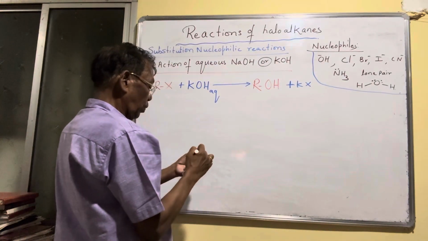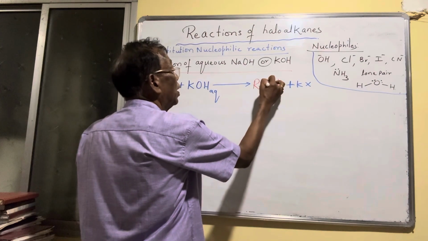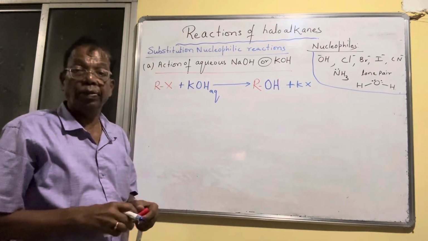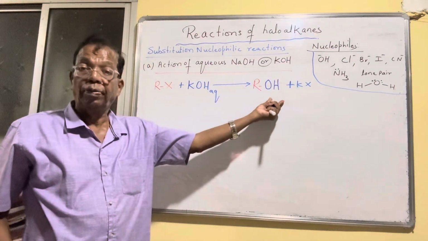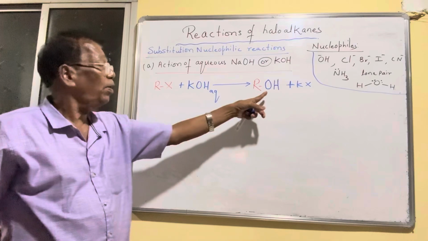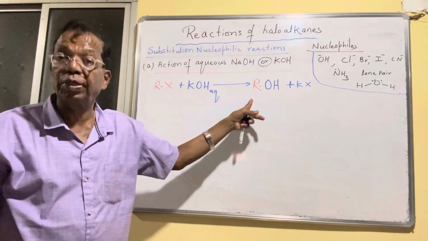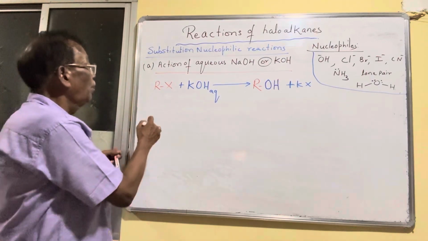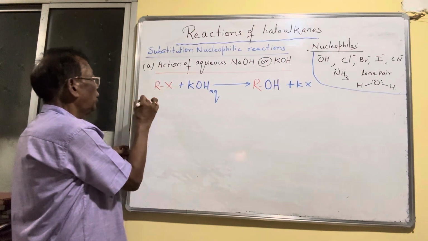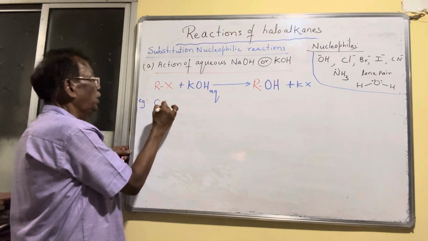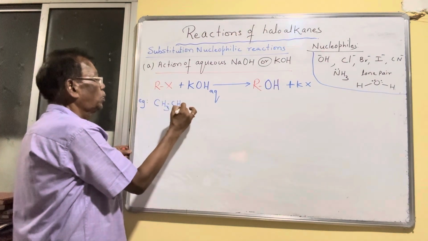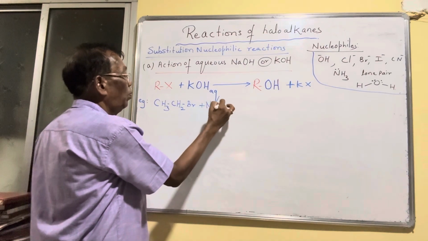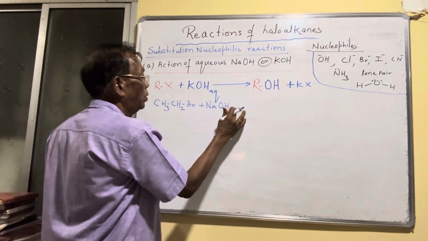I'll put it here with blue color so that you can understand properly. This is ROH. Now see, OH is a nucleophile. X is replaced by OH. Therefore, this is called substitution nucleophilic reaction. Let's take the example: CH3CH2Br plus NaOH aqueous.